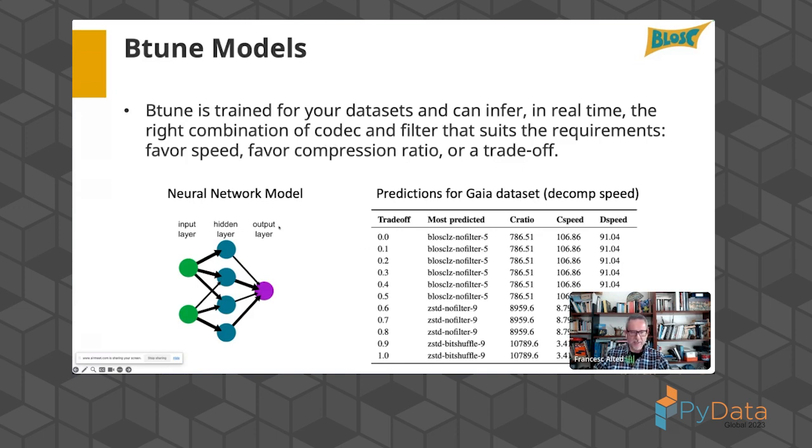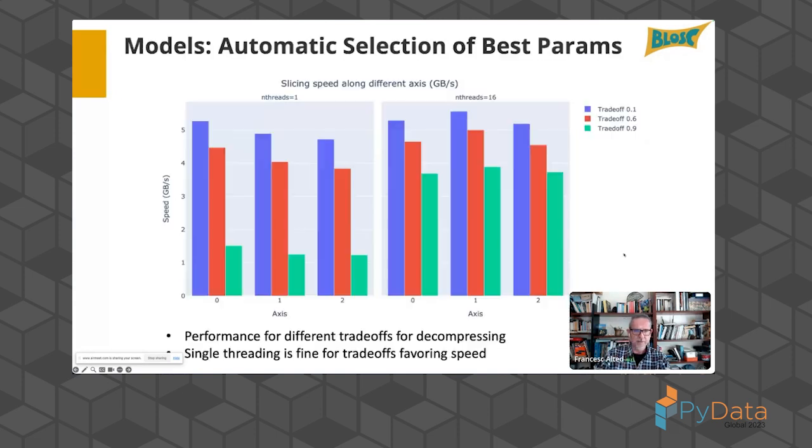Essentially, the training process generates a neural network model. And here we have an example of the predictions for the Gaia dataset, where we see that depending on the trade-off, different combinations are chosen. Here are estimations of the compression ratio, compression speed, and decompression speed in gigabytes per second.